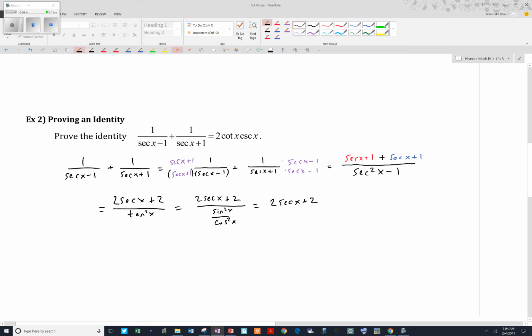They can be proven. All right, so what I'm going to do now is take that numerator, and instead of dividing by sine squared over cosine squared, I'm going to multiply by its reciprocal. Little algebra 1 step here: instead of division, multiply by the reciprocal. And in the same step, I'm going to call secant 1 over cosine.